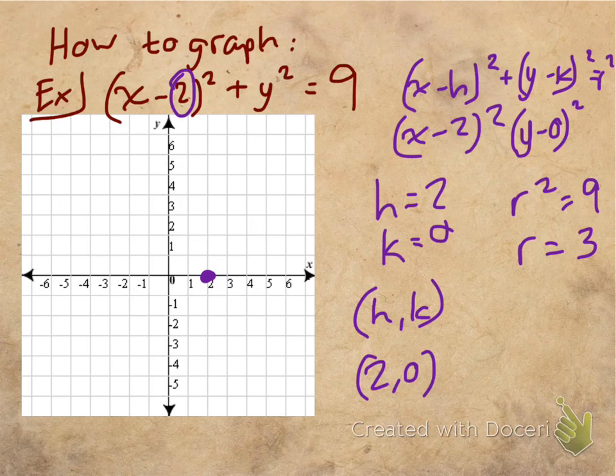What you should do is go up 3, so 1, 2, 3, like so. You're going to plot that point. You should then go down 3, 1, 2, 3, and plot that point. To the right 3, 1, 2, 3, plot that point. And to the left 3, 1, 2, 3, plot that point.